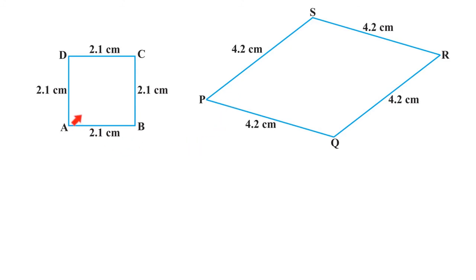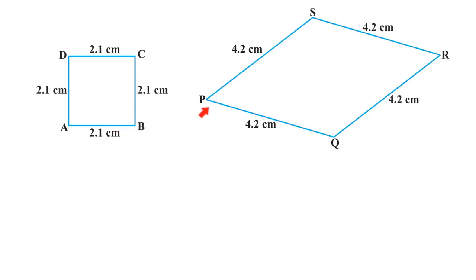But what about the angles? Are the corresponding angles the same? Look at angle A and angle P. They are not the same. So the first criterion is not satisfied. All the corresponding angles have to be equal, which they are not. So the first criterion is not satisfied, while the second criterion is satisfied.